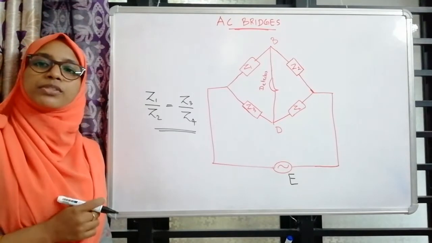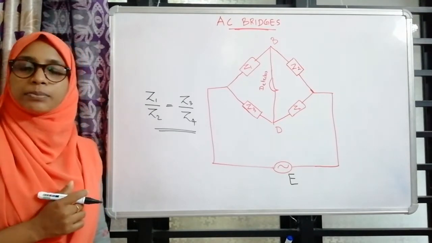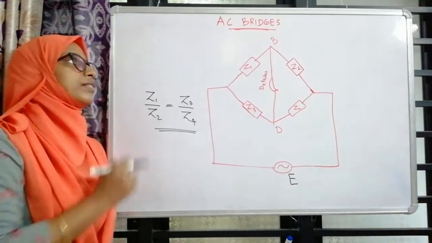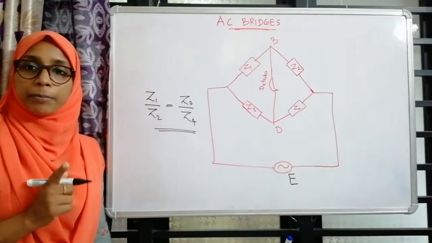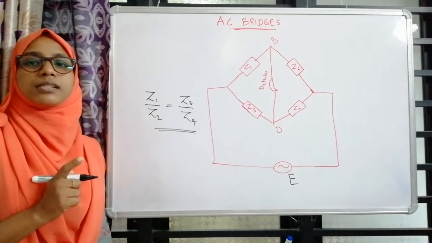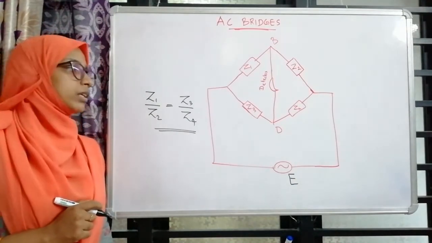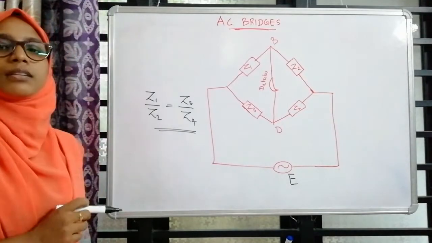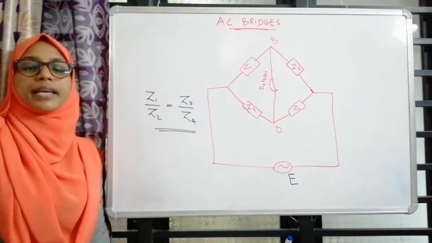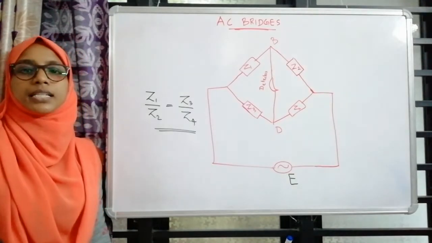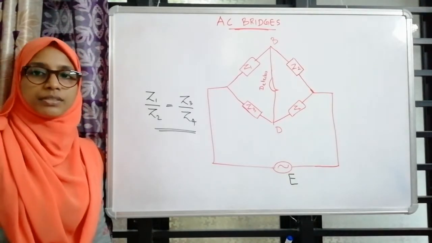So, the Kirchhoff laws and balancing condition of Wheatstone's bridge, which we used in DC networks, can also be applied in AC bridges. Remember one thing, the pure ohmic resistances are replaced by impedances. So, using this balancing condition, we can find out the inductance or capacitance connected in these AC bridges.